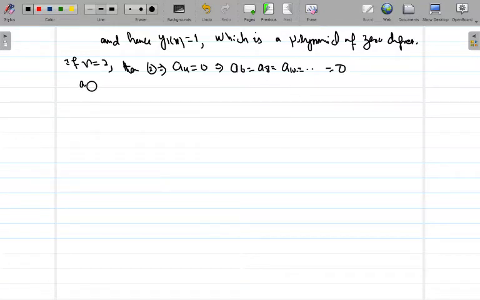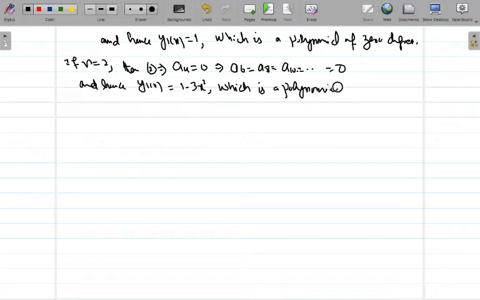And hence y1 of x will become 1 minus 3x square, which is a polynomial of degree 2, for n equal to 2.